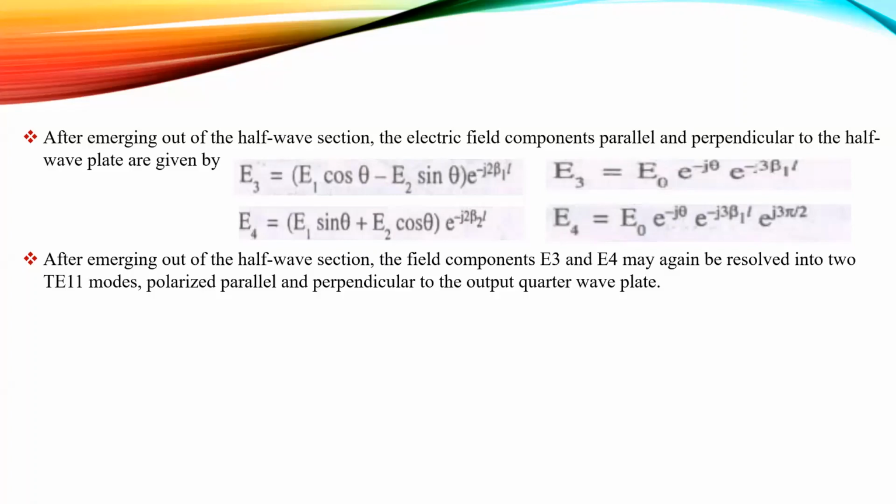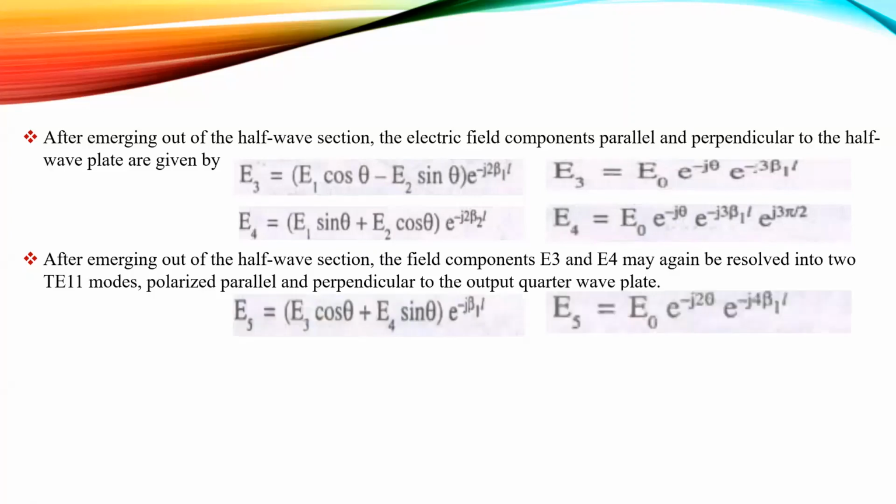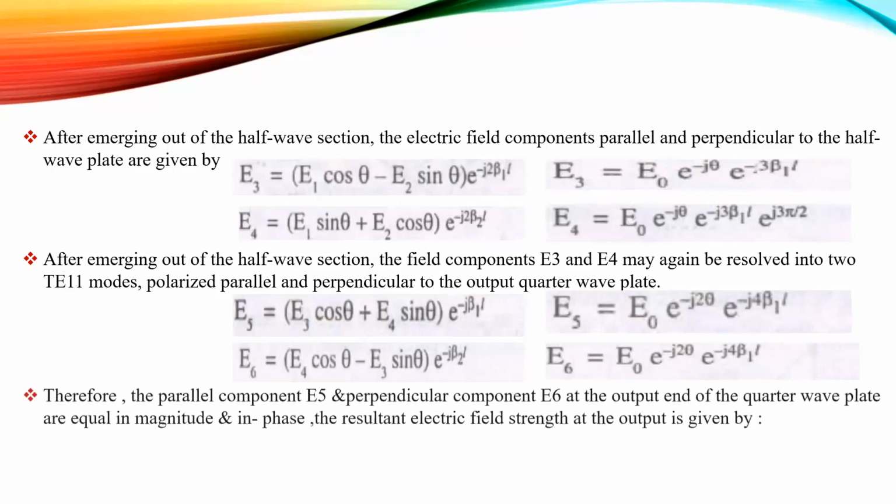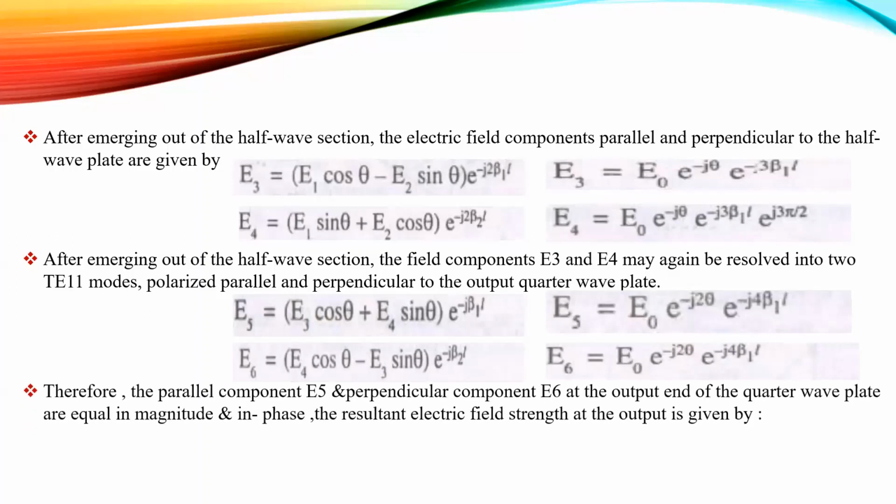These E3 and E4 components can again be resolved into two components, parallel and perpendicular to the output of the quarter wave plate. So E5 can be given by E0 e power minus j2 theta, e power minus j4 beta1 L. Similarly, E6 will be equal to E0 e power minus j2 theta, e power minus j4 beta1 L. Therefore, the components E5 and E6 will be equal in magnitude and in phase.